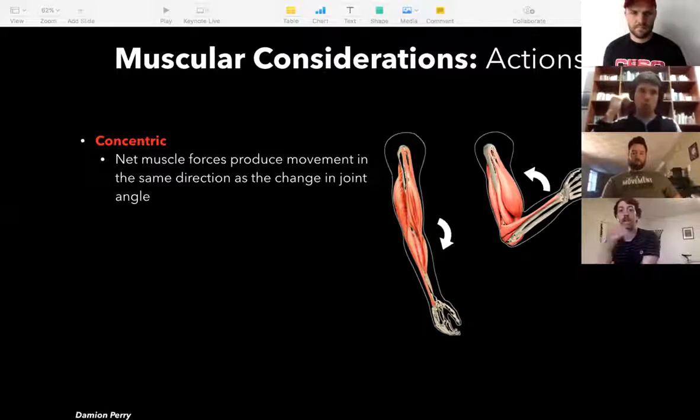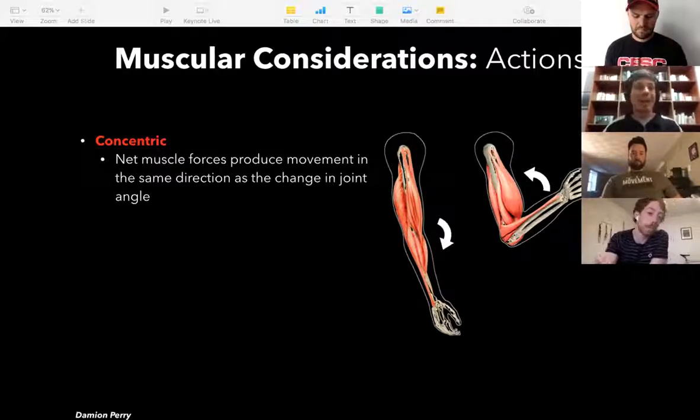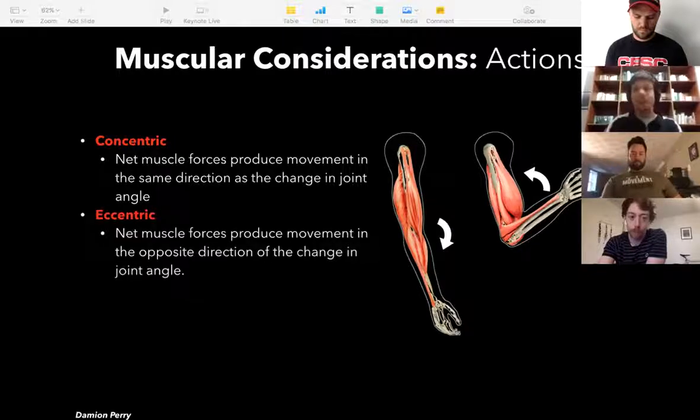Concentric action means net muscle forces produce movement in the same direction as the change in joint angle. The change in joint angle is closing on the inside of your elbow, and your bicep is performing this action. And then eccentric, so lowering down: the net muscle forces produce movement in the opposite direction of the change in joint angle.